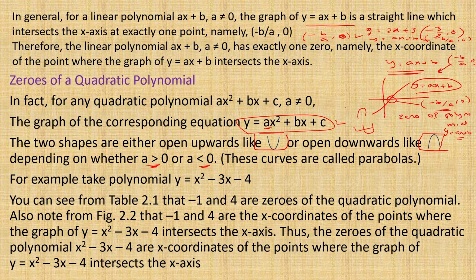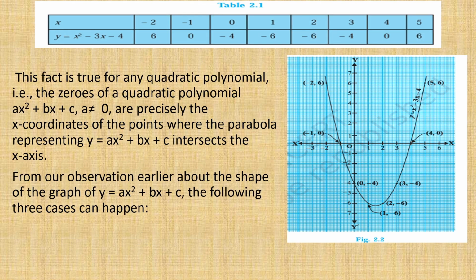If a is less than 0, then it is in the form of an upper parabola like this. Now, for explanation, we will take one example: y equals x square minus 3x minus 4. As we saw in the previous calculation for the linear polynomial, in the same way we calculate different points for this quadratic polynomial also. That calculation is shown here.